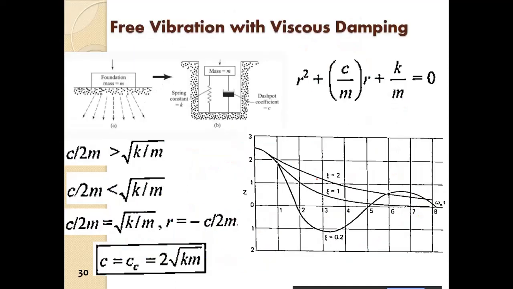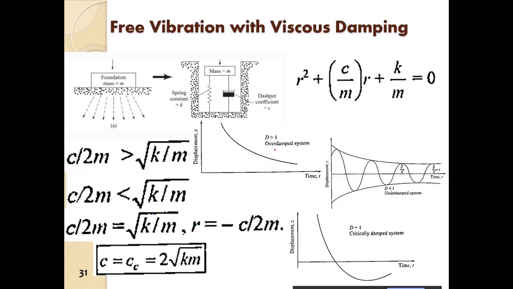Obviously, if there is significant damping, we can see it quickly dissipates and there is no vibration. But if there is less damping, then there is vibration, and if there is significantly lesser damping, there will be a significant amount of vibration, right?